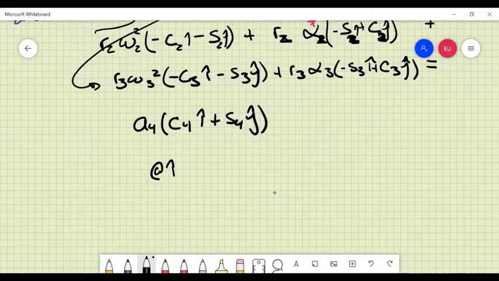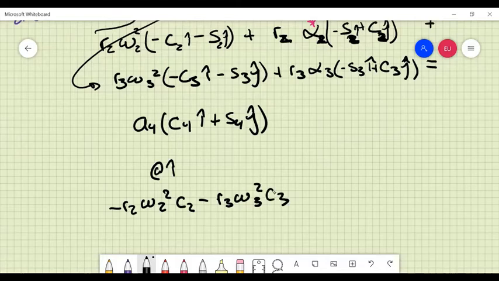So what happens horizontally is minus R2 omega 2 squared cosine 2, minus R3 omega 3 squared cosine 3, minus R3 alpha 3 sine 3, equal to A4.